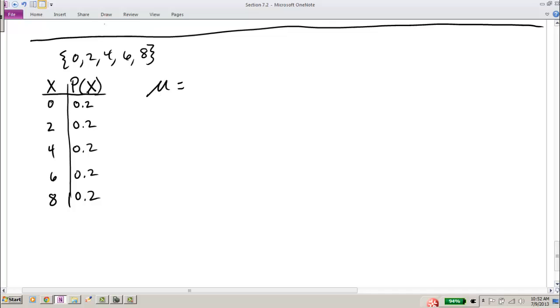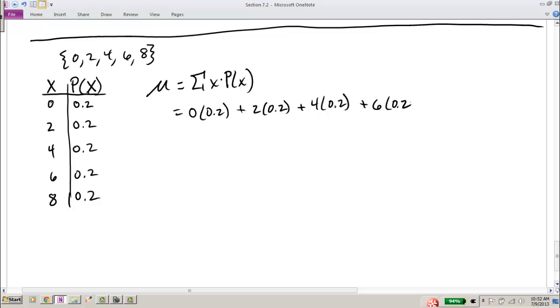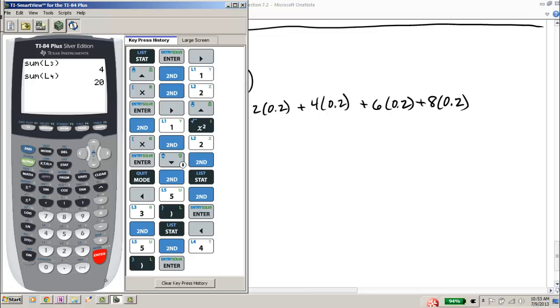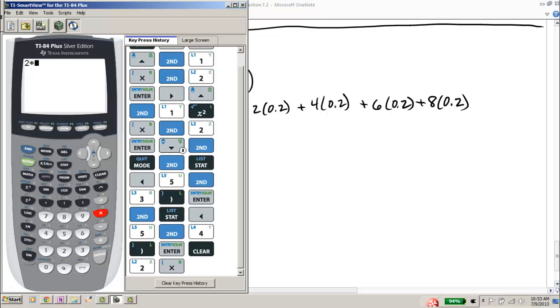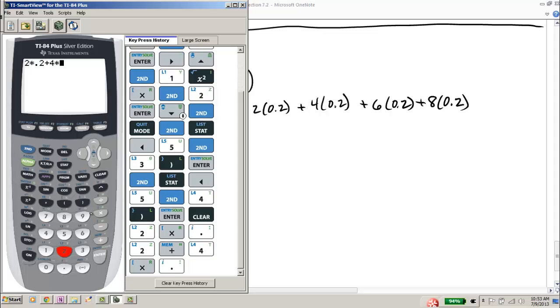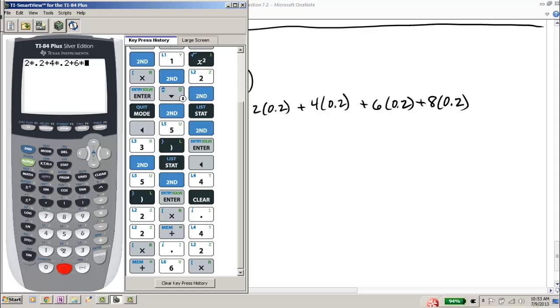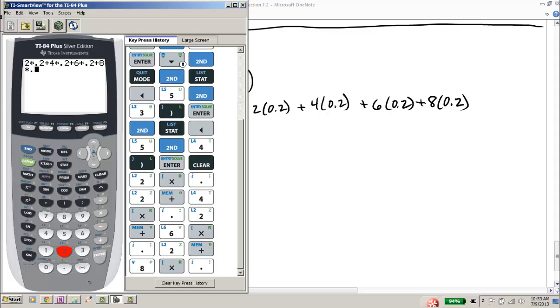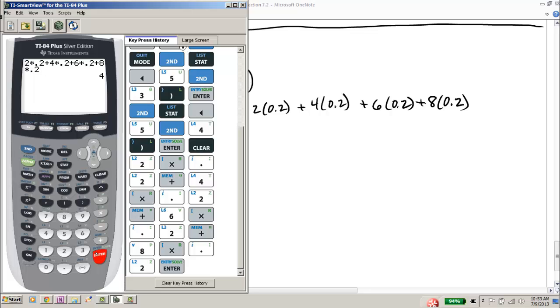Using the same formula in chapter 5. And let's see what we get. We get a mean of 4.